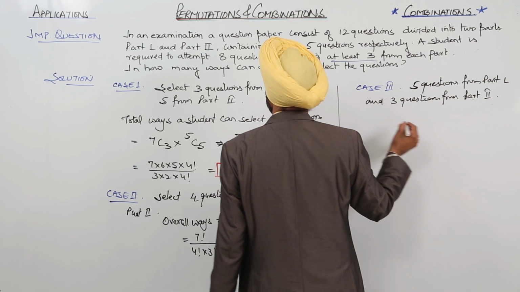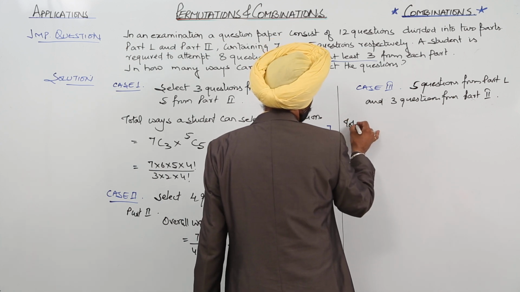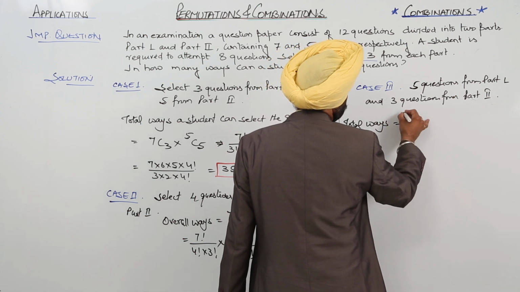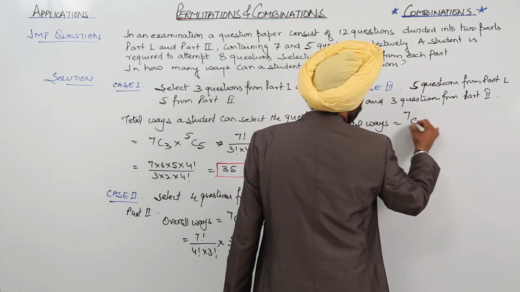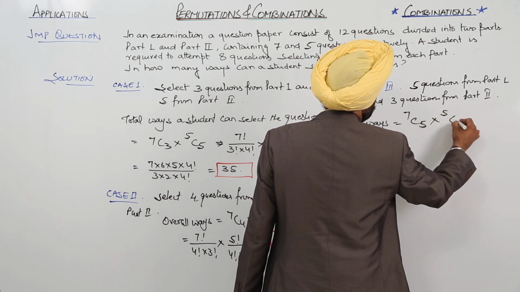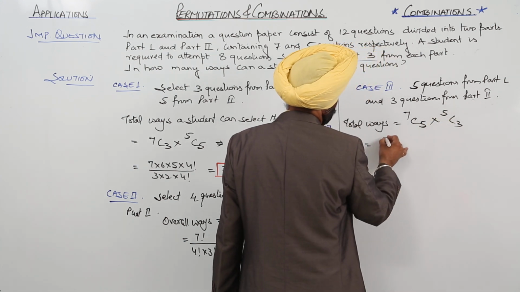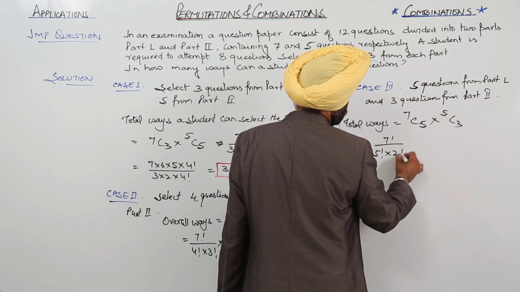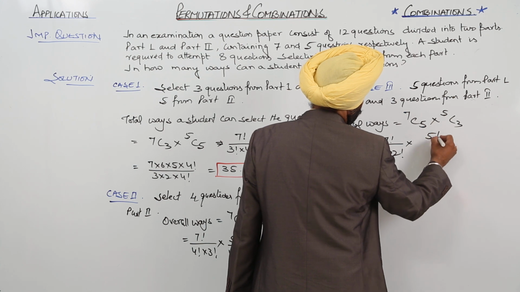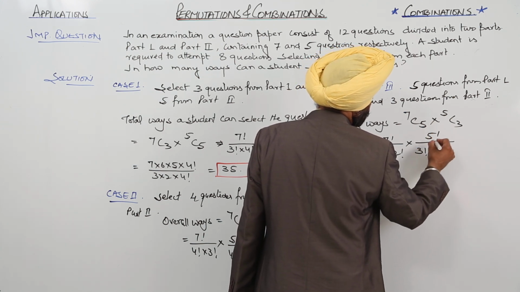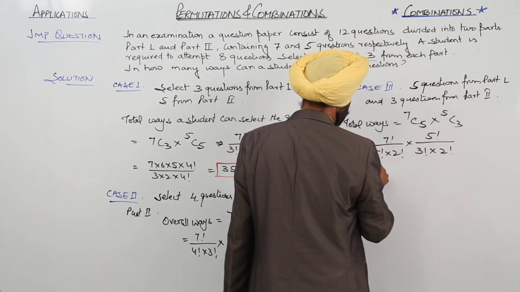So total ways is equal to 7C5 times 5C3, that is 7 factorial upon 5 factorial times 2 factorial, into 5 factorial upon 3 factorial times 2 factorial.